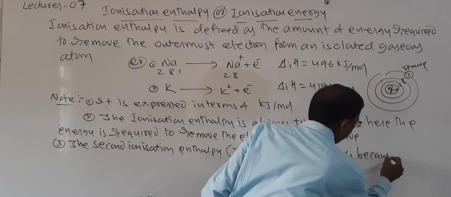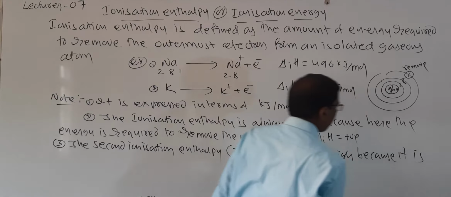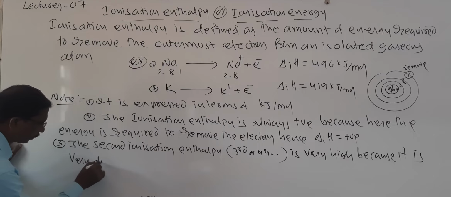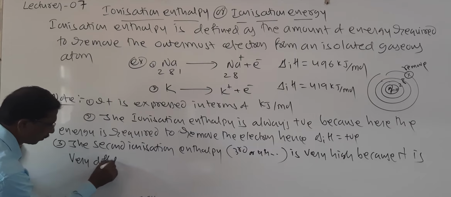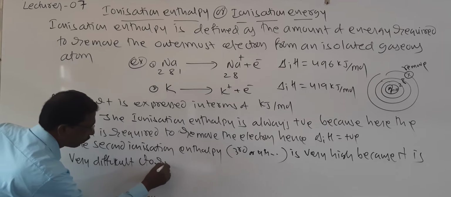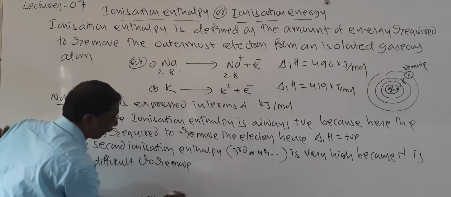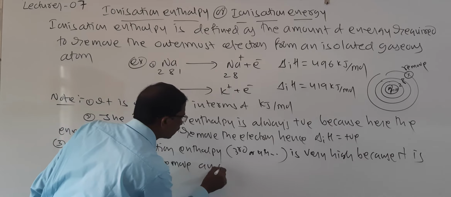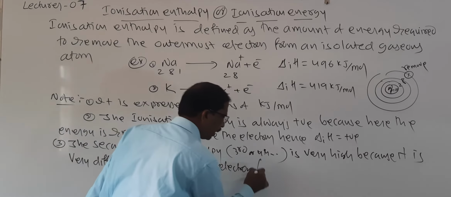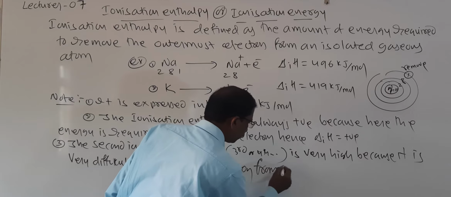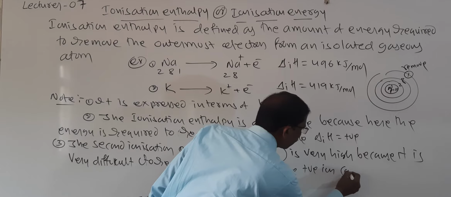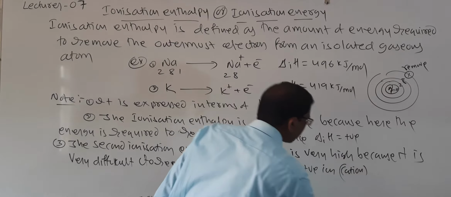It is very difficult to remove an electron from the positive ion or cation.